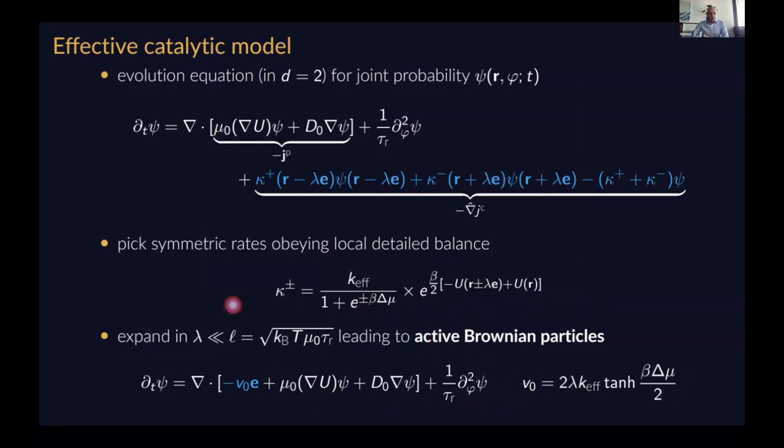The interesting thing is that if we expand this for small lambda, so there's another length scale in this problem, and if lambda is much smaller than that length scale, then we can expand this part to first order. This gives us a term that corresponds exactly to what we know as active Brownian particles, where there is a constant propulsion speed, and this constant propulsion speed is given by this expression with parameters that we can extract from the simulations.